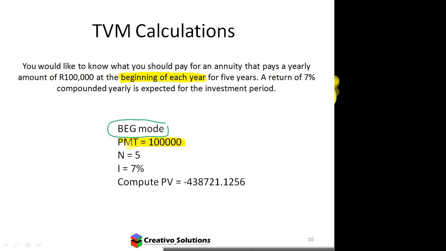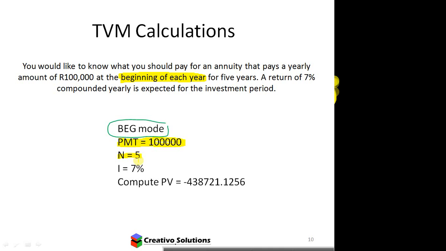The payment. So you type in 100,000 and you press the PMT button. How many years? 5. So type in 5, press N. What is the rate? 7%. Minus present value: 438,721.